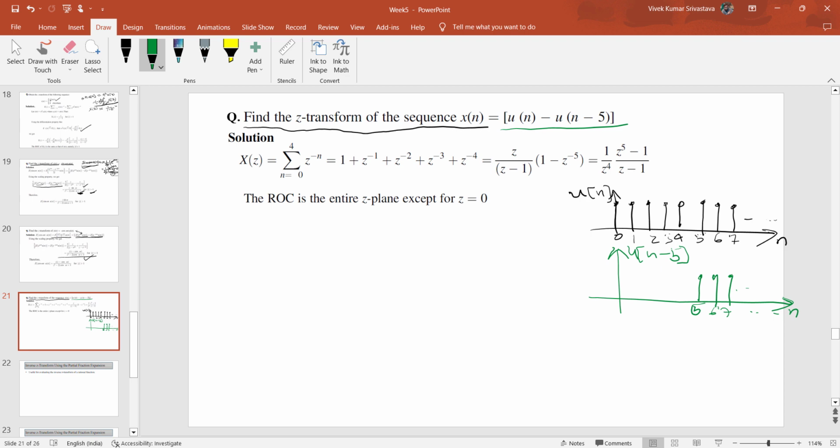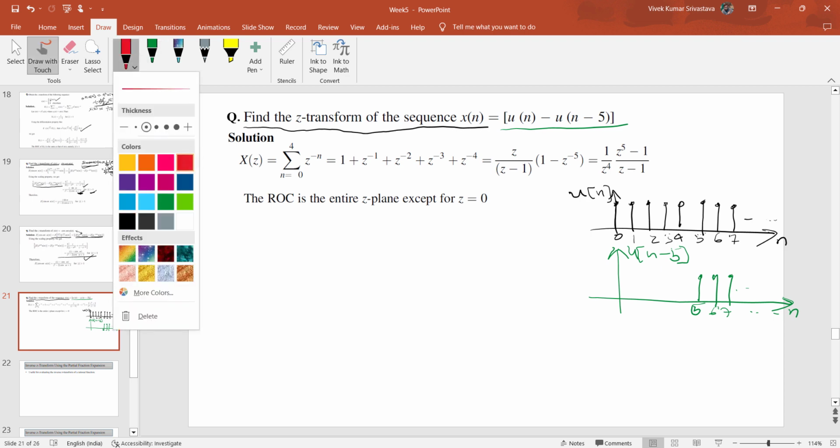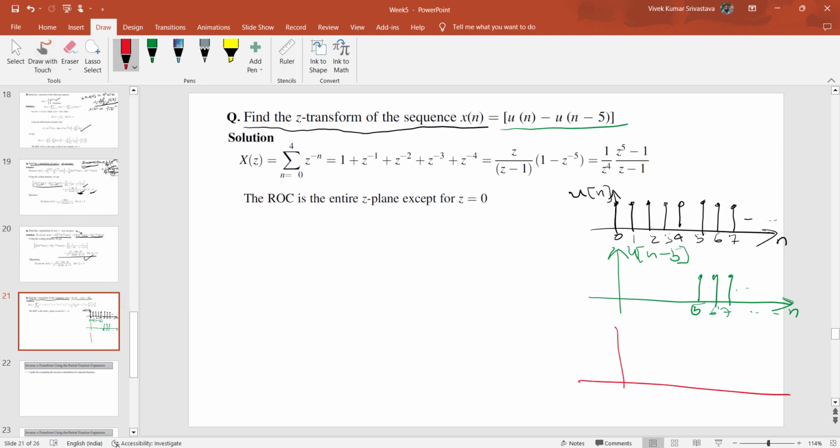Once you evaluate this, the final signal becomes this, starting from n equals 0, 1, 2, 3, and 4. So this is basically x of n.